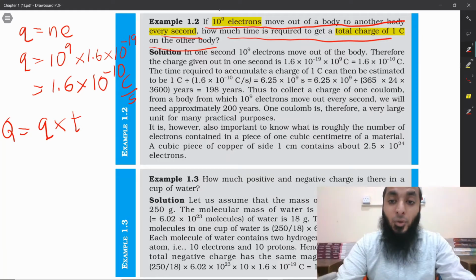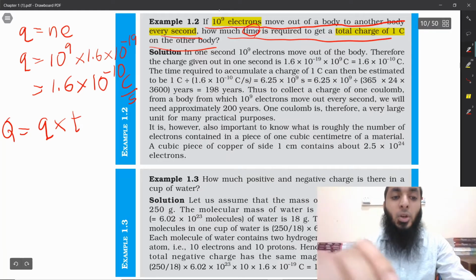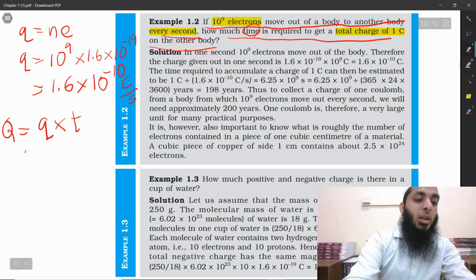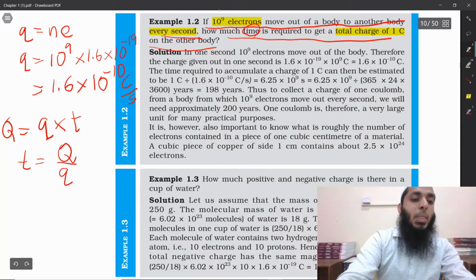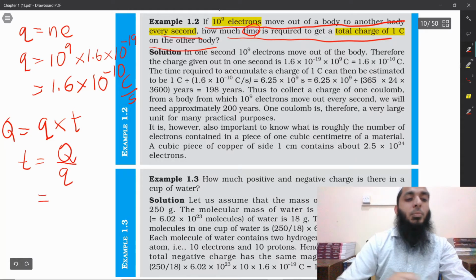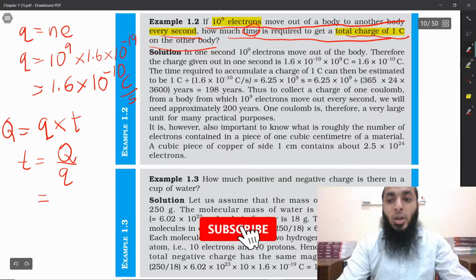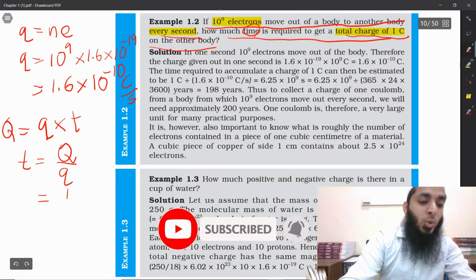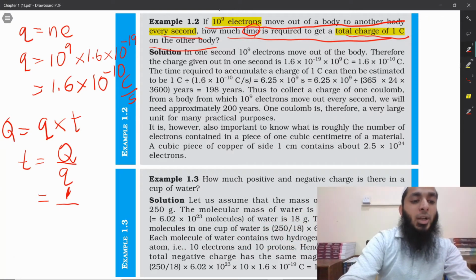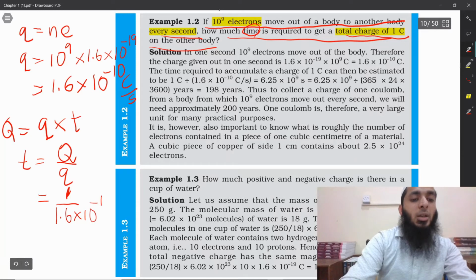But they are asking to find the time. So we can rearrange this equation as T is equal to capital Q divided by small q. Do you have these values? Yes, the total charge required is 1 coulomb, so Q is 1 coulomb divided by small q, which we have already found as 1.6 multiplied by 10 raised to minus 10.